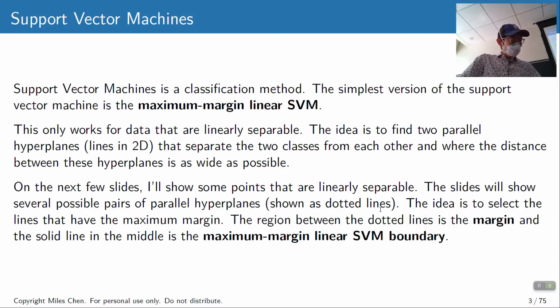We're going to start with the simplest version of support vector machines, which is what we call the maximum margin linear SVM, but again, it's just drawing a line, okay? And this method is only going to work if your data can be separated by a single straight line, okay? And the idea is you find two parallel lines.